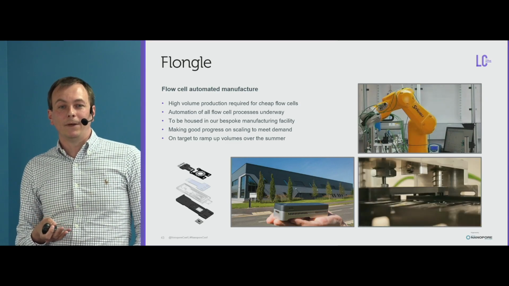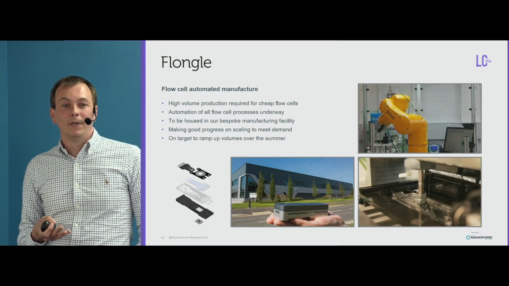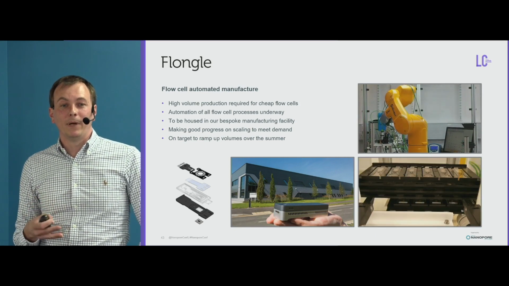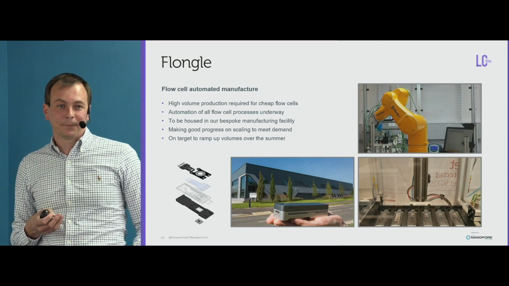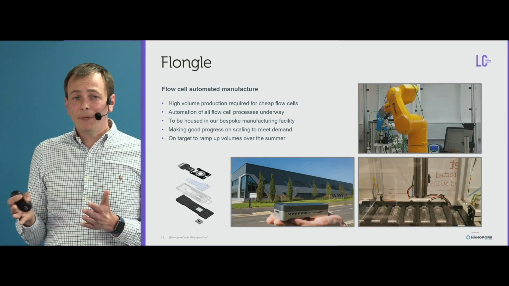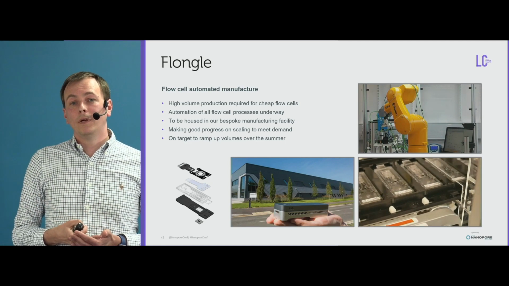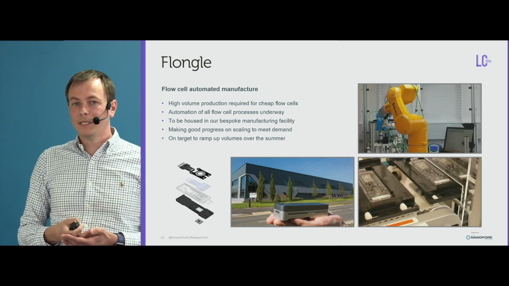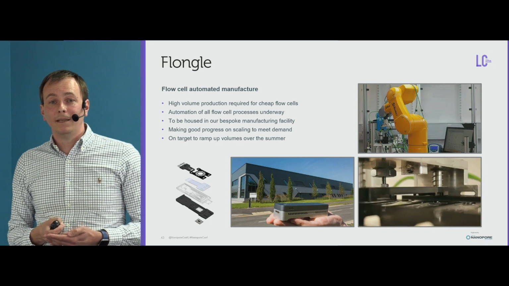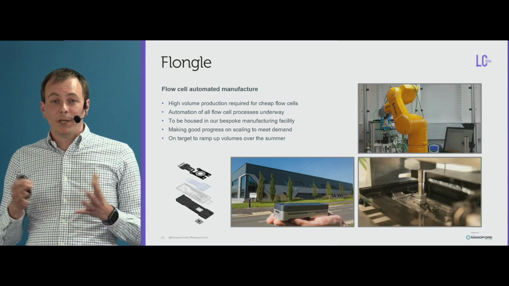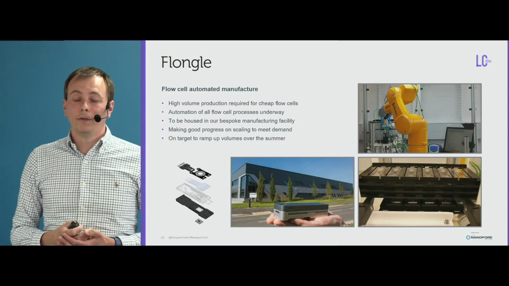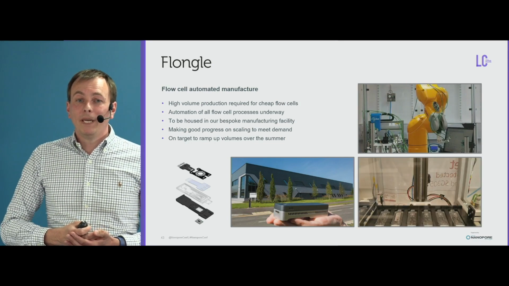That factory has been online for about a year now, and it was built from the bottom up with flow cell manufacturing in mind. So we've been stepping through the Flongle wet assembly process, and we've been automating various parts of that. Some of those parts are automated. We're still working on a few more, but we're making good progress.